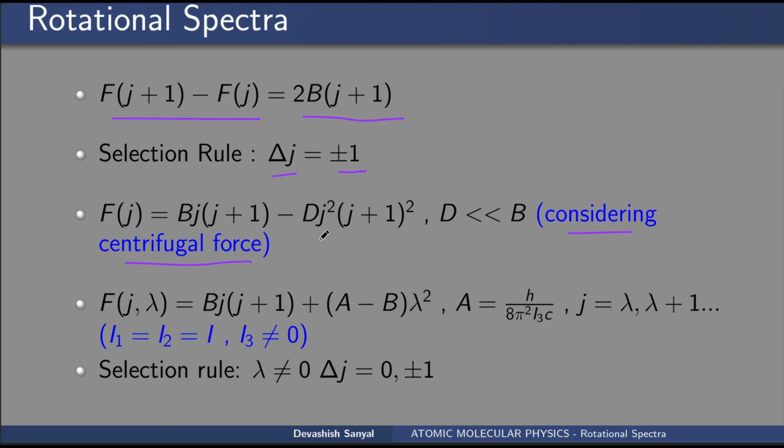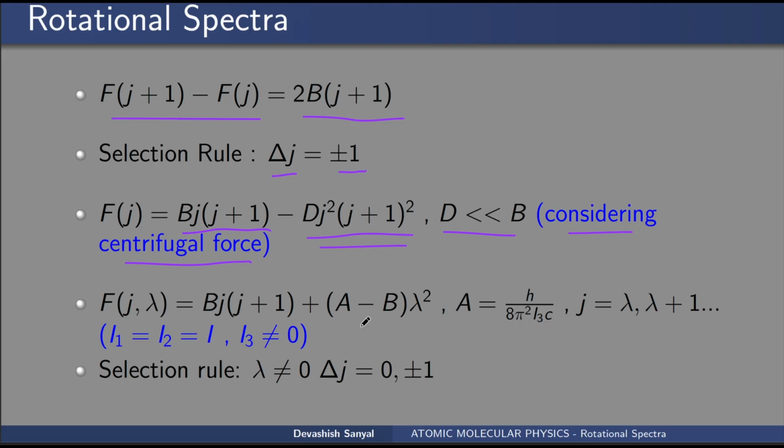This is the term that denotes the energy due to it. The first term we had already discussed, and this is the new term, equal to minus D J square times J plus 1 whole square, where D is much less than B. So you can basically neglect it unless J is very high.